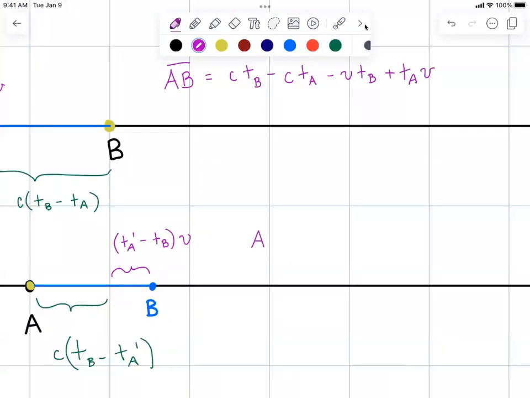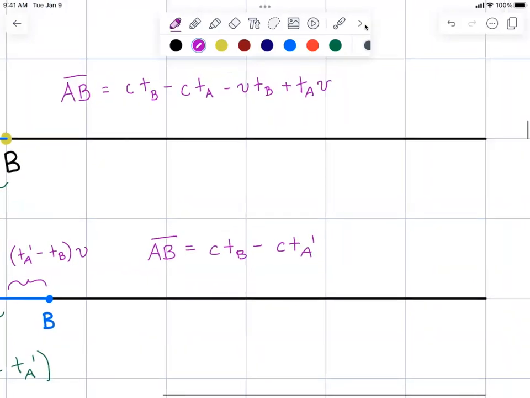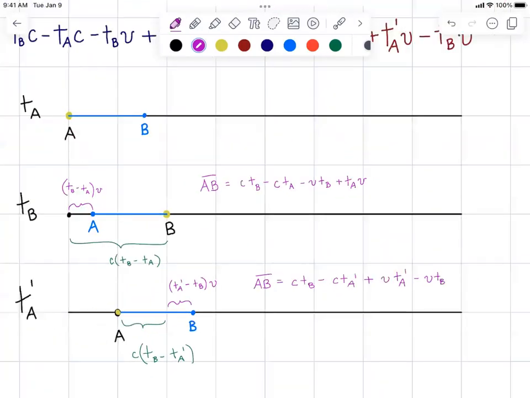What do we get? We get the line segment AB when fully distributed is CTB minus CTA prime plus VTA prime minus VTB.